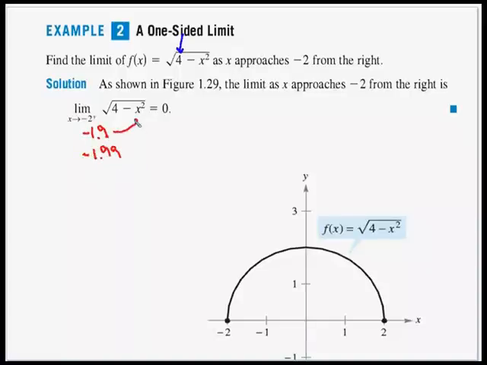If I plug those x values in and I square them, I'm getting very, very close to a positive 4, but not quite a positive 4. So it's going to be 4 minus a number really, really close to 4, which approaches a value of 0. 4 minus a number that's almost 4 is getting us closer and closer to 0.